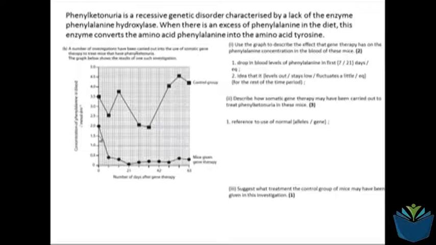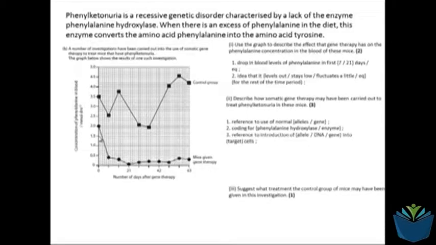So you need to get that healthy allele into the mice. If you refer to using the normal or healthy allele or gene, that gains you a mark. From there, you have to mention that that allele codes for phenylalanine hydroxylase, the enzyme that does the conversion.